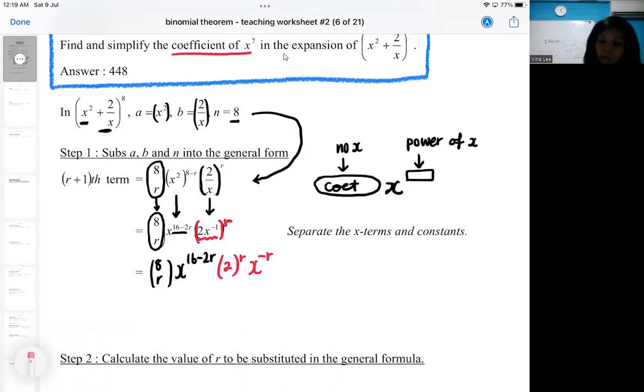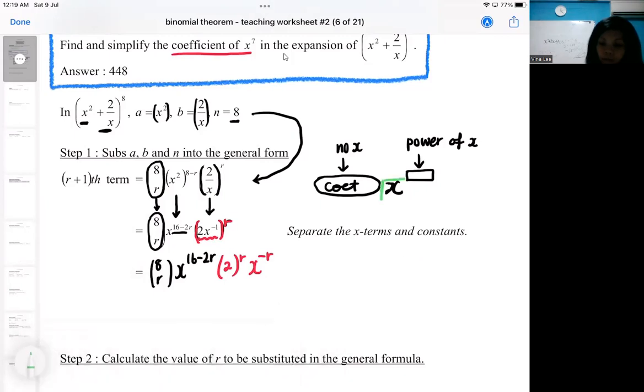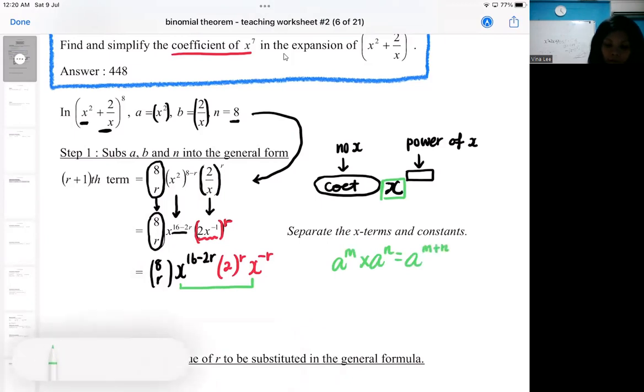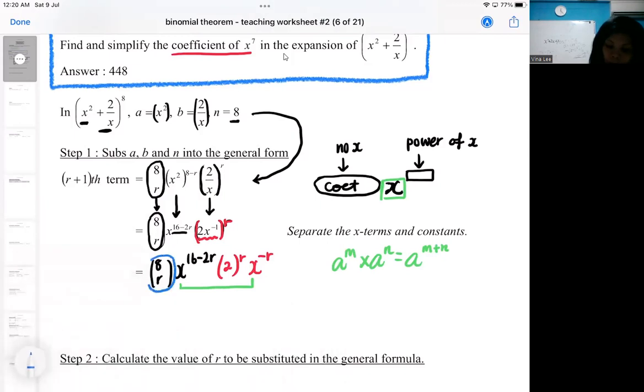Your objective is to combine all your x. This is same base multiplication. And this part has no x. This part has no x. Can you observe the no x?